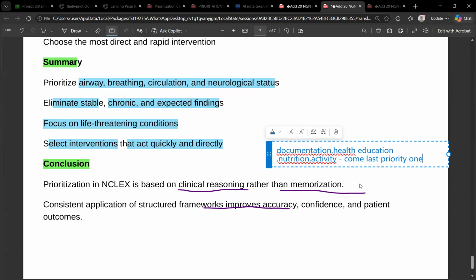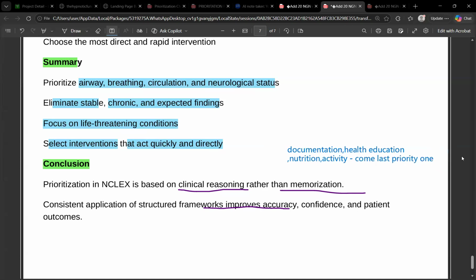If you have not started your question analysis, in the coming days you can apply this strategy, especially in the case of prioritization. You can improve your score. Tomorrow you can tell me your score update, and if there is any improvement in your score, you can tell me.